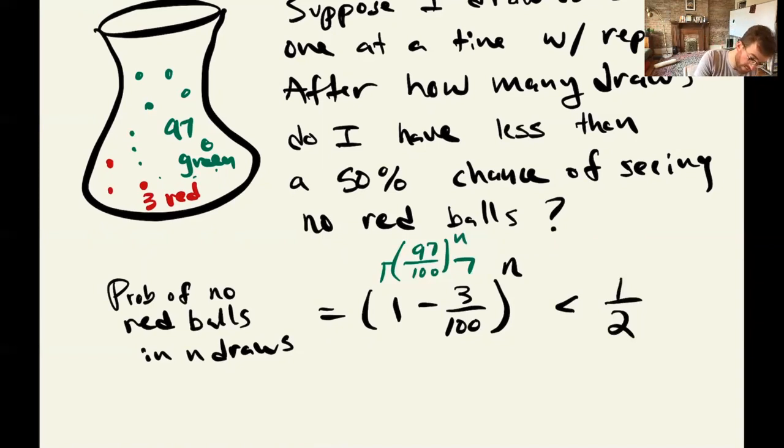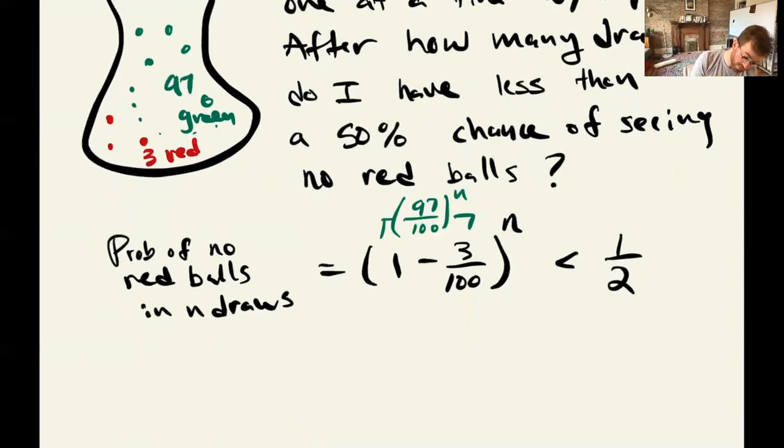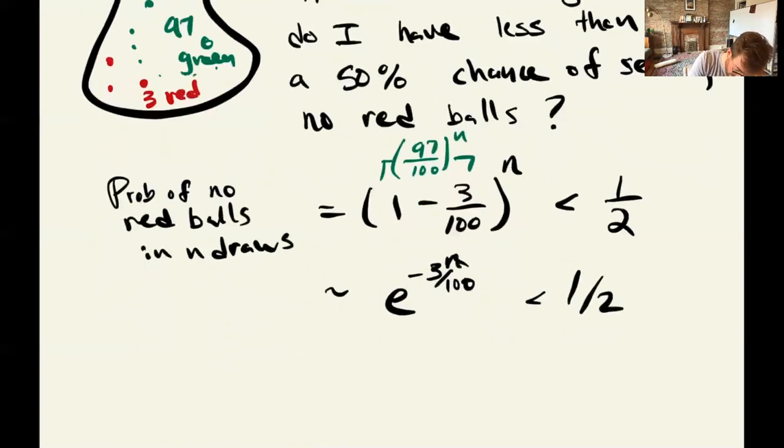Now, how do I find that? Well, you could do some tricks, but if we're thinking like a physicist, we should imagine we have this exponential approximation. And we want this to be less than a half. So, to make this clearer, e to the minus 3n over 100.